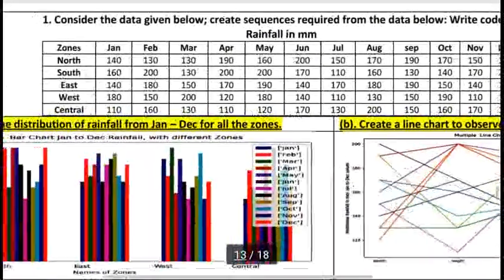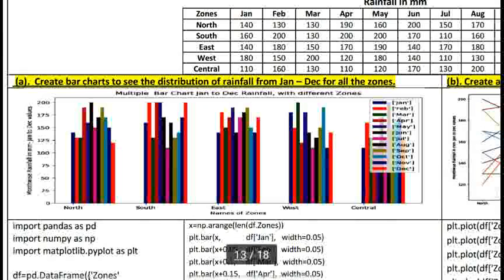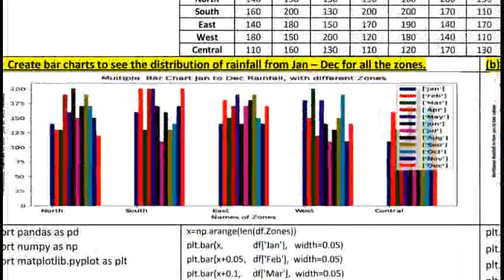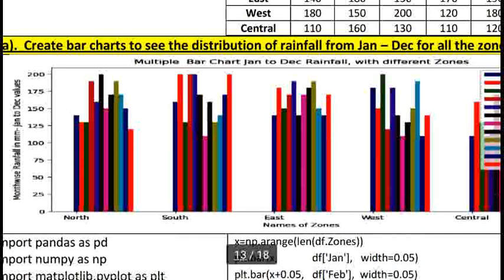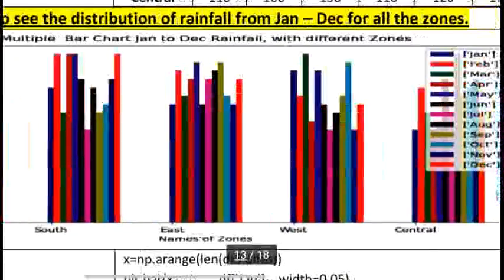So you can see here, this is the output. This is the bar chart output. In the north region you can see all the Jan to December data. This is the south region, all Jan to December data, then east region, west region and central, and it also provides a legend.